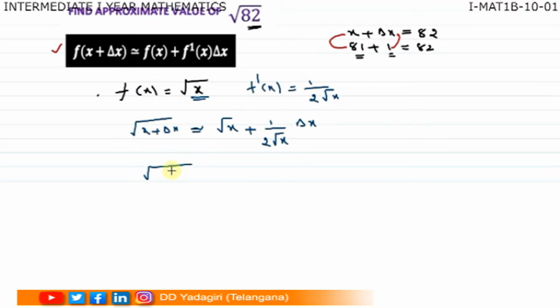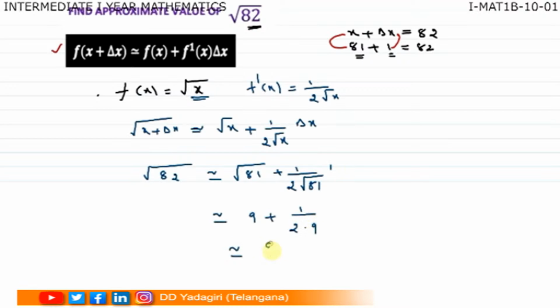X plus delta x is equal to 82, which is approximately equal to root 81 plus 1 by 2 root 81. Delta x means 1. This is approximately equal to 9 plus 1 by 2 root 81, which means again 9.